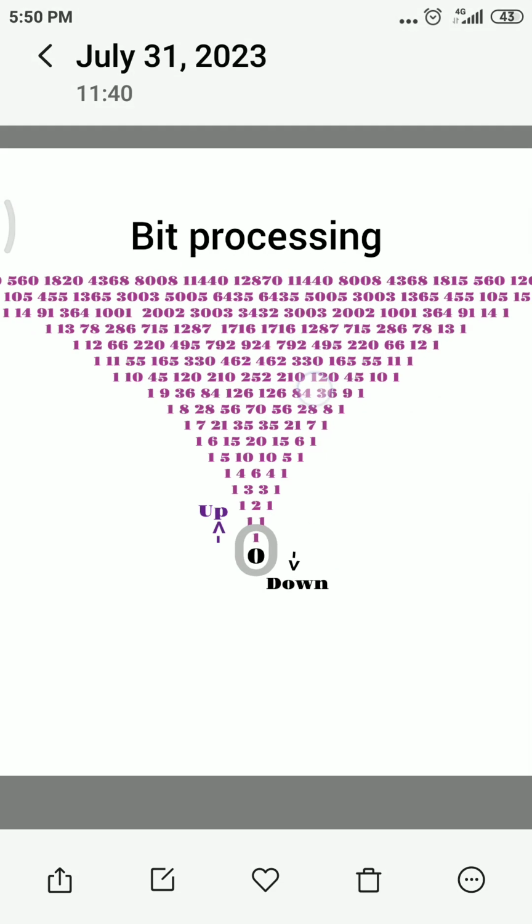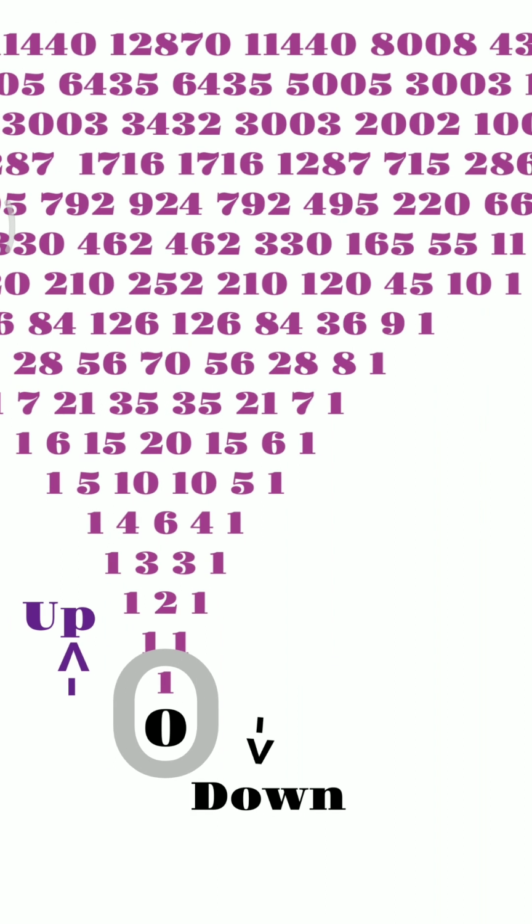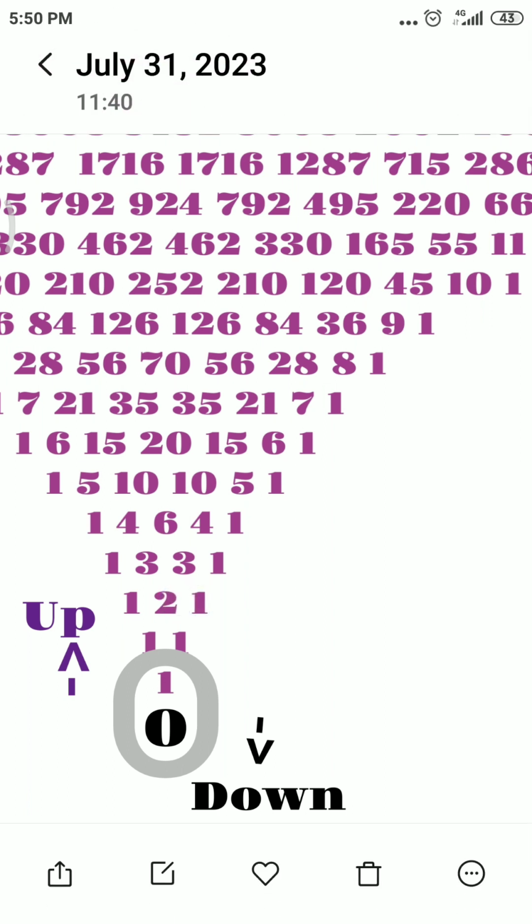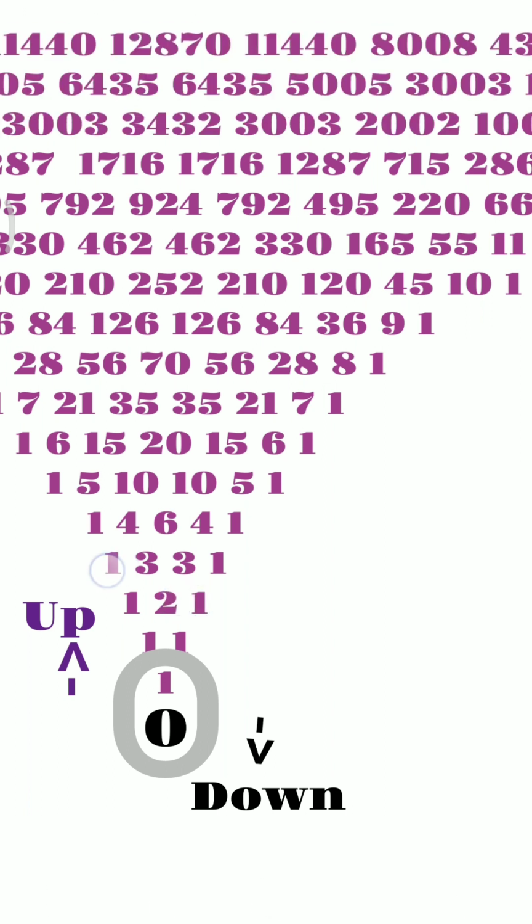I'll show you here so that you can understand why there are two levels in a complete strand. One strand has two levels. Let's see, if you start here at 121, and here at 1331, this strand is completed.